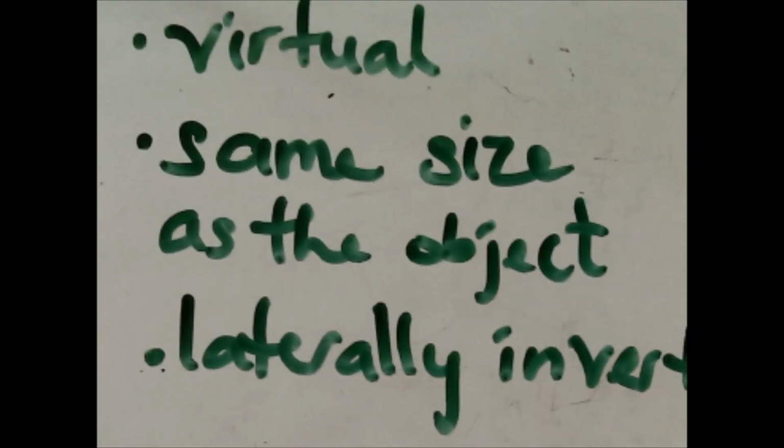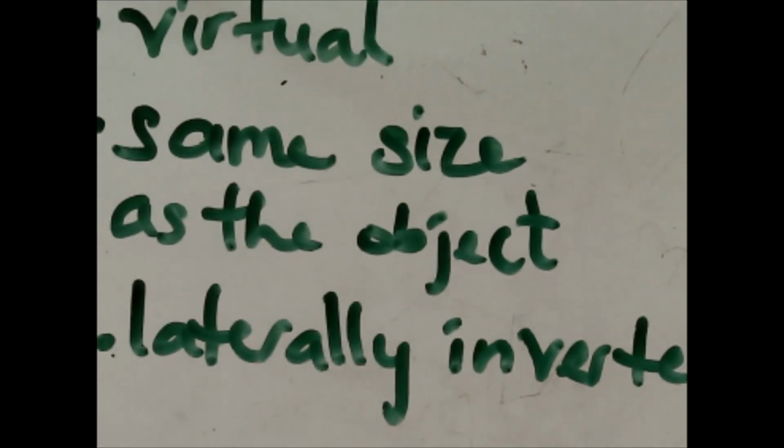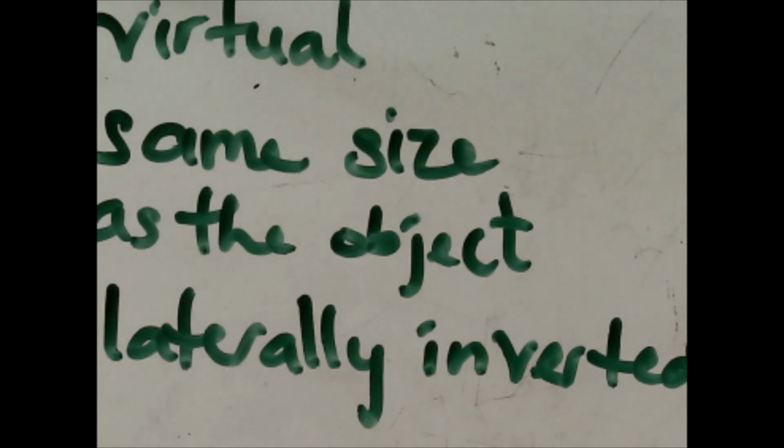So you may be wondering, what does this lateral inversion have to do with it? If it's laterally inverted, that means that the left appears on the right and the right appears on the left. And this is why the name ambulance is written right to left rather than left to right, so that the rear view mirror of the vehicle in front will laterally invert the image, and it will appear as it should.